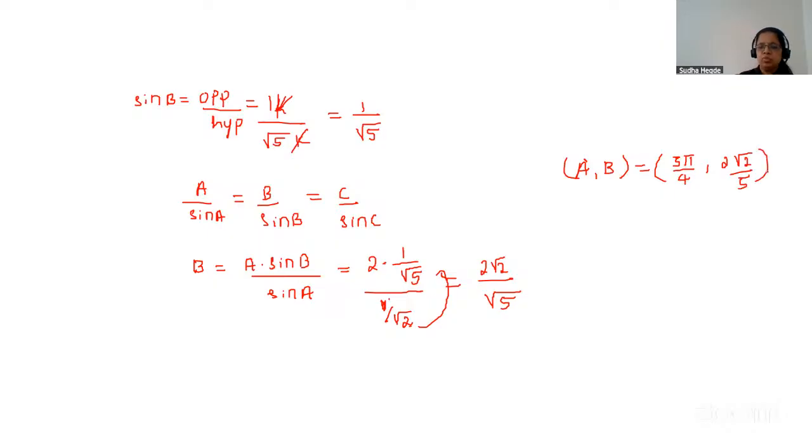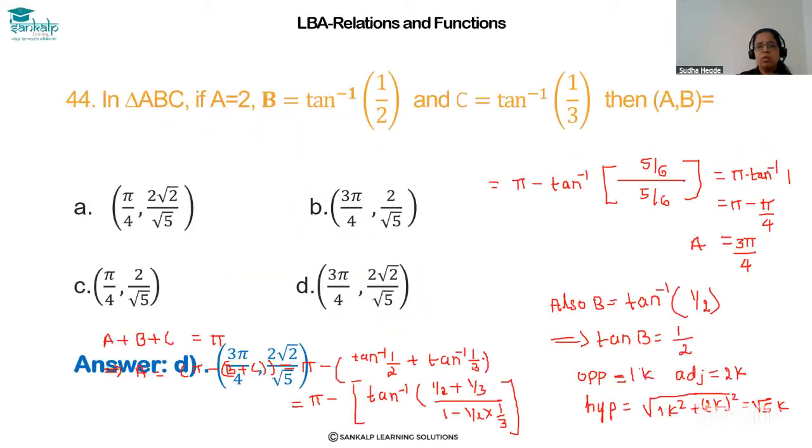Okay, now go back and see the option. It is option D. Option D, 3 pi by 4, comma 2 root 2 by root 5 is the correct answer.